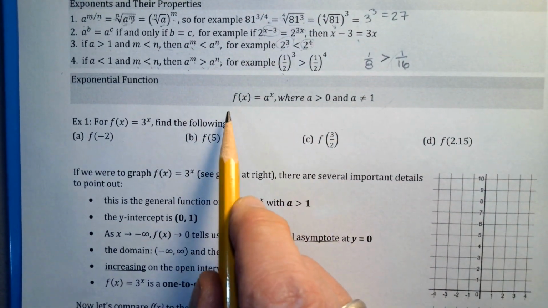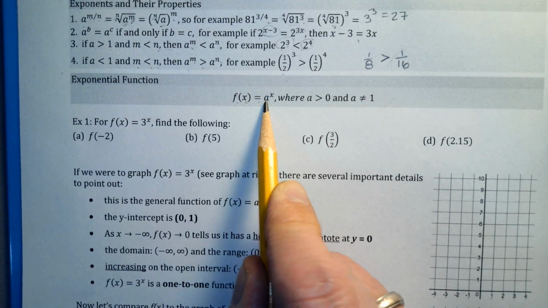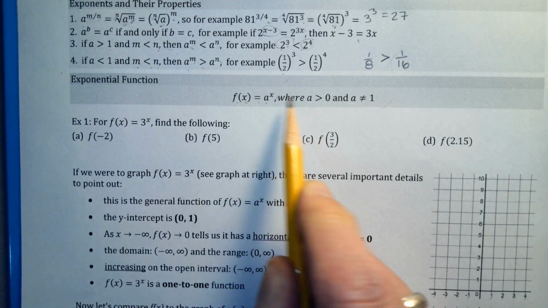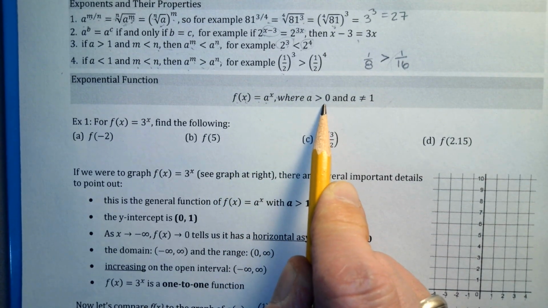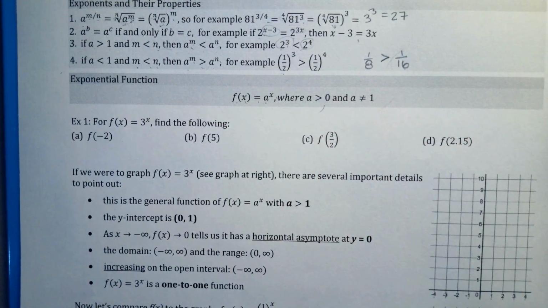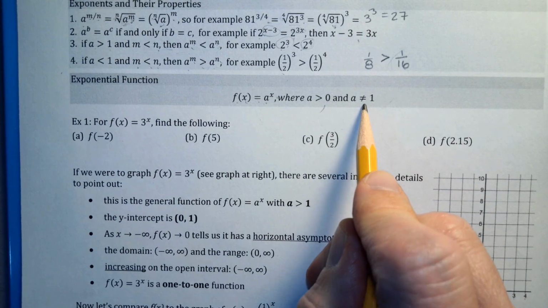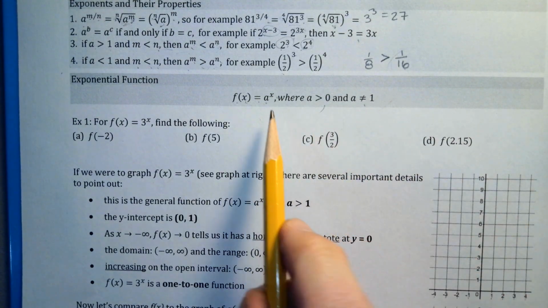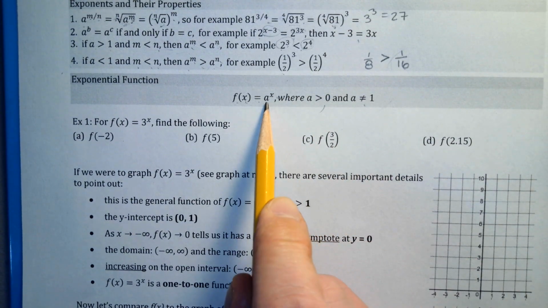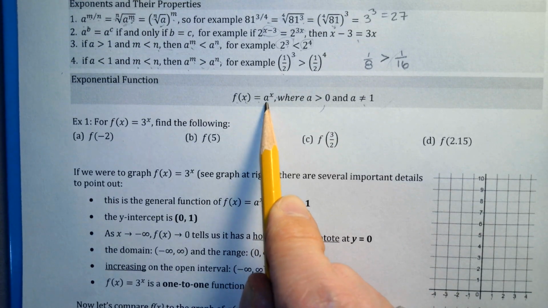So an exponential function in general is f of x equals a to the x. A must be greater than 0, it can't be negative for it to be an exponential function. And a also can not equal 1. It can't really be 0 either, because then it's just going to be 0.